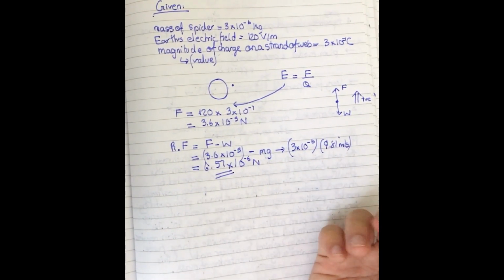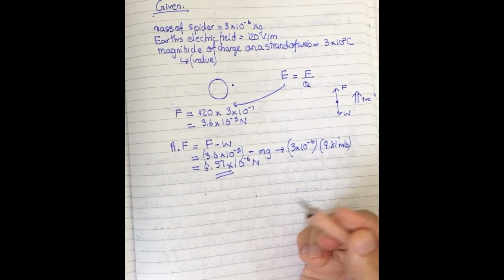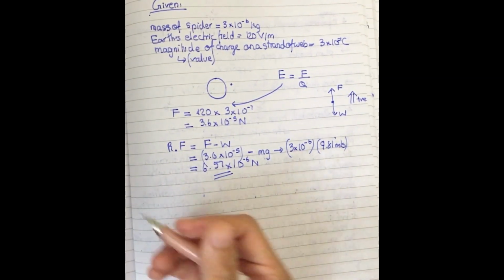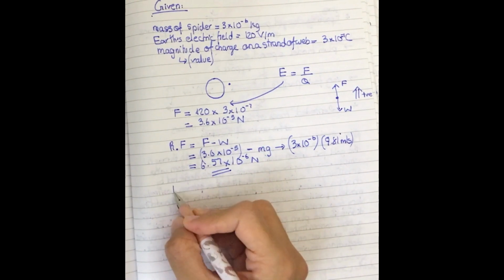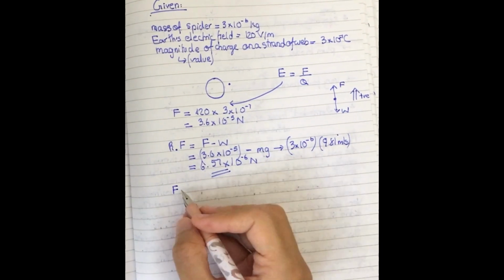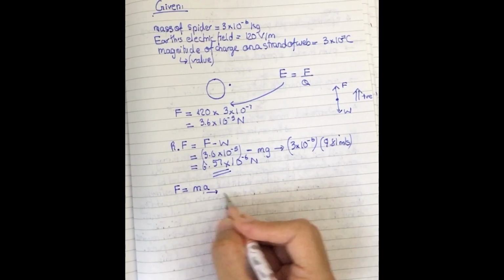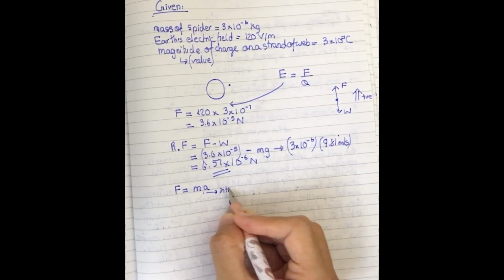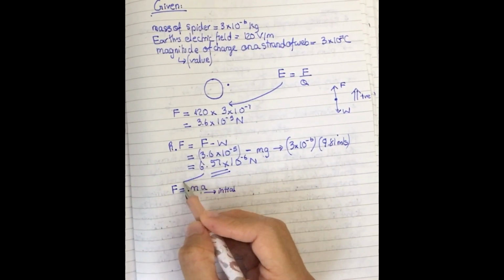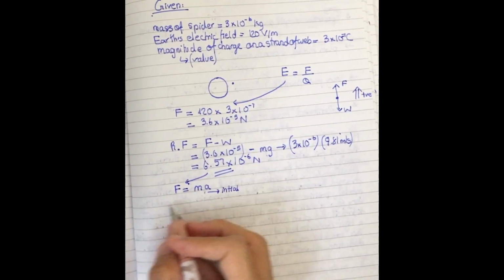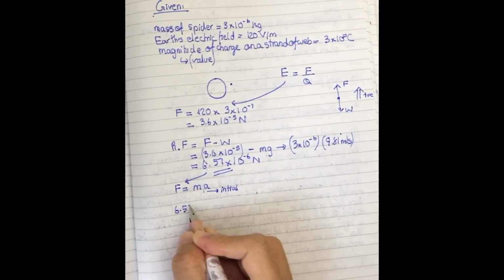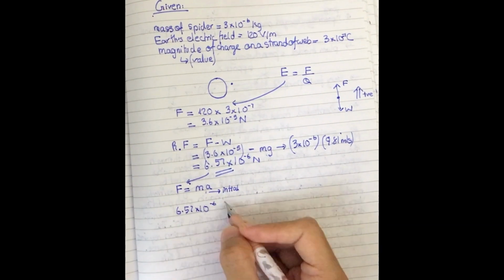So now we need the initial upward acceleration, my bad. Acceleration can only be got from F is equal to ma. So our resultant force is 6.57 times 10 raised to power minus 6.